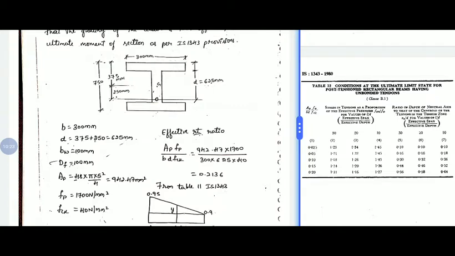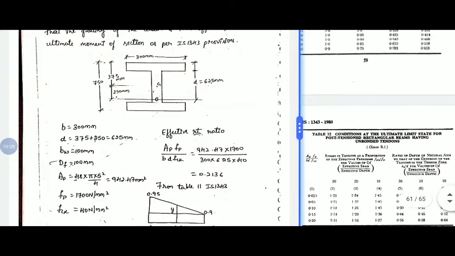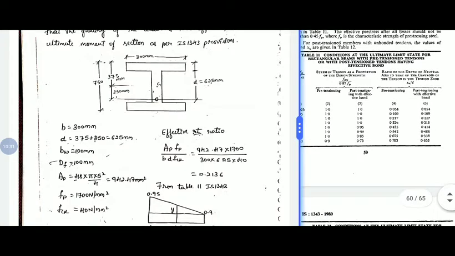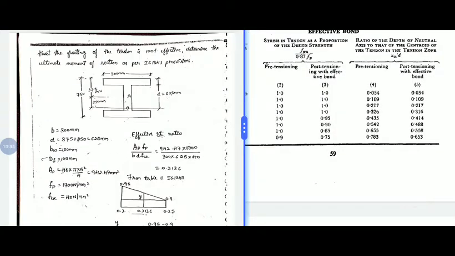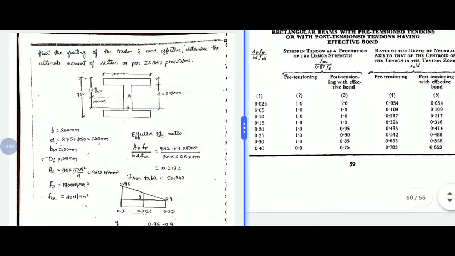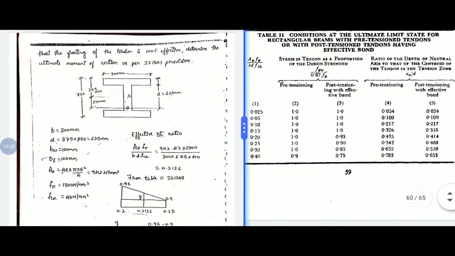So next, the effective reinforcement ratio is 0.2136. Go to table number 11, bonded pre-stressing member. So here you have two conditions, FPU by 0.87 FP. There you have pre-tensioning and post-tension with effective bonding.